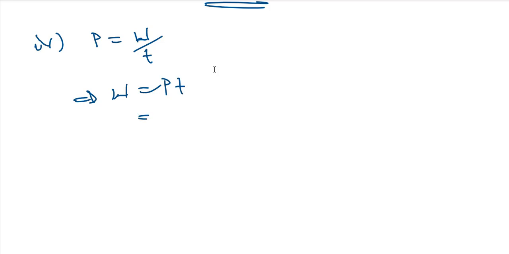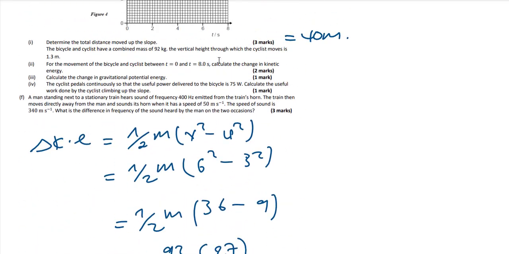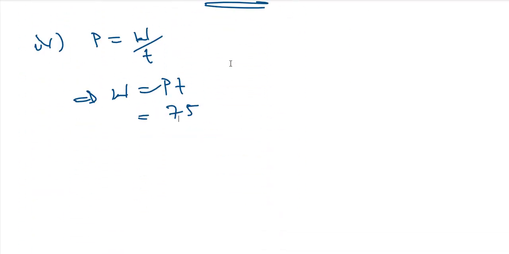The power is 75 watts and the duration of the journey was 8 seconds, so that will be 75 times 8, which is 600 joules.